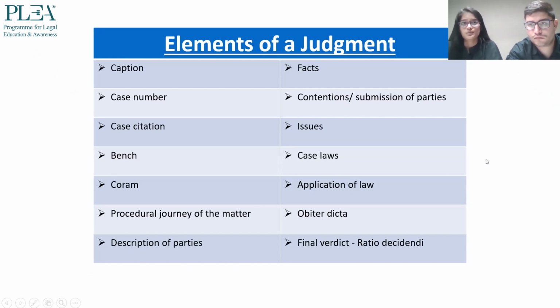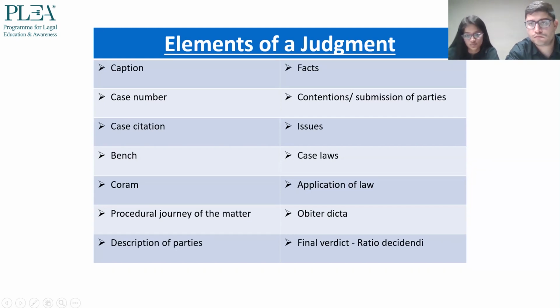And the final verdict is basically the determination of rights. For example, if there is a property dispute, then what would be determined is basically the title or mesne profits, etc. And obiter dicta will be the opinion or the observations of the judge.